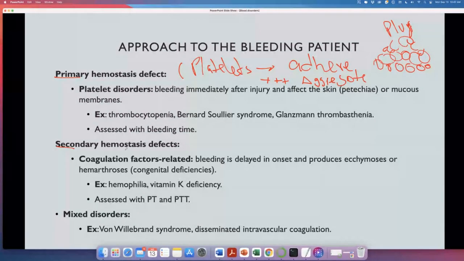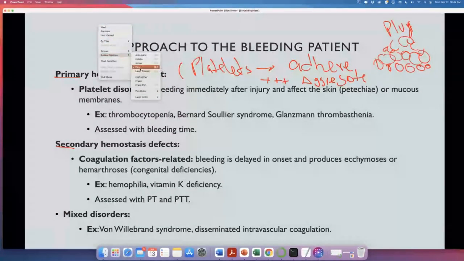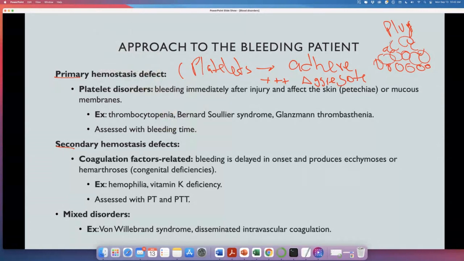And then the secondary hemostasis is the one that has to do with problems in the coagulation cascade. Okay, once we have this plug, the plug has to be stabilized by fibers, and these fibers are made of fibrin, okay, and that is a clot.